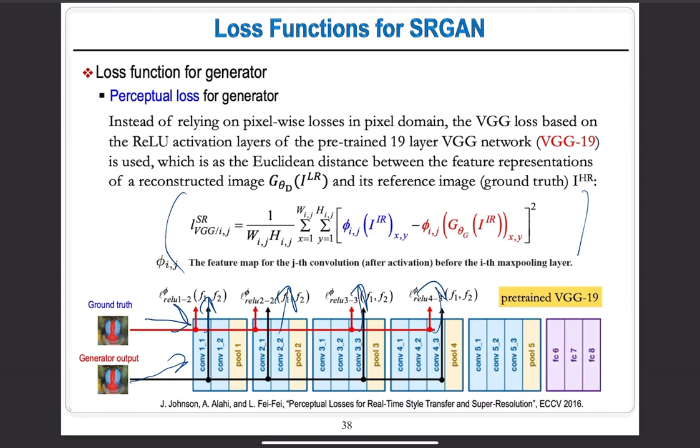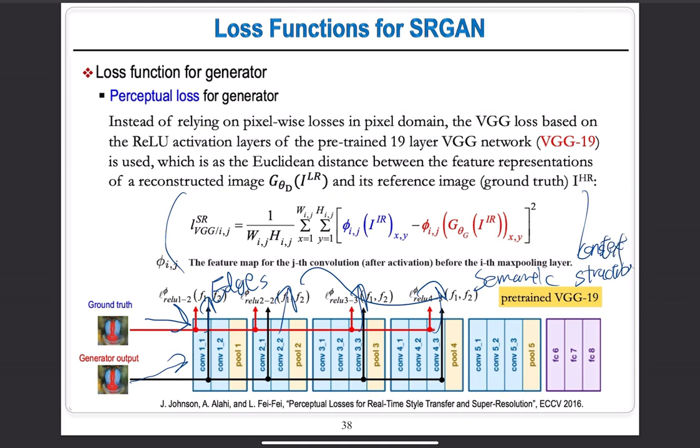Multiple layers of VGG can be utilized to capture different levels of features, from low-level edges to high-level semantic structure or context.